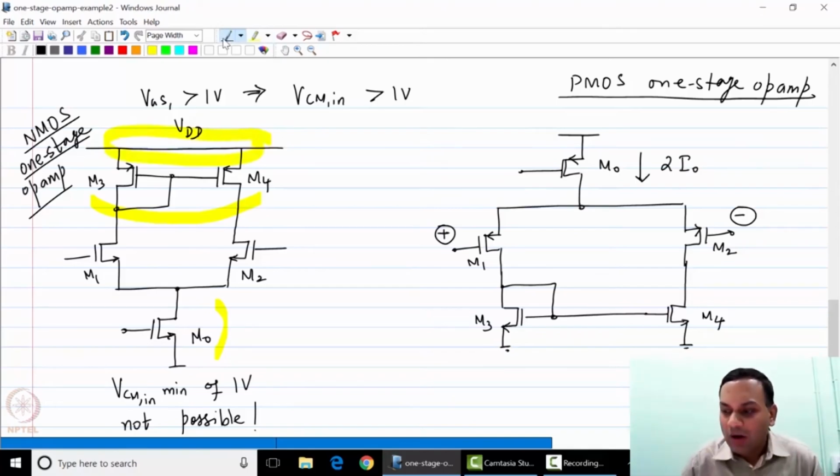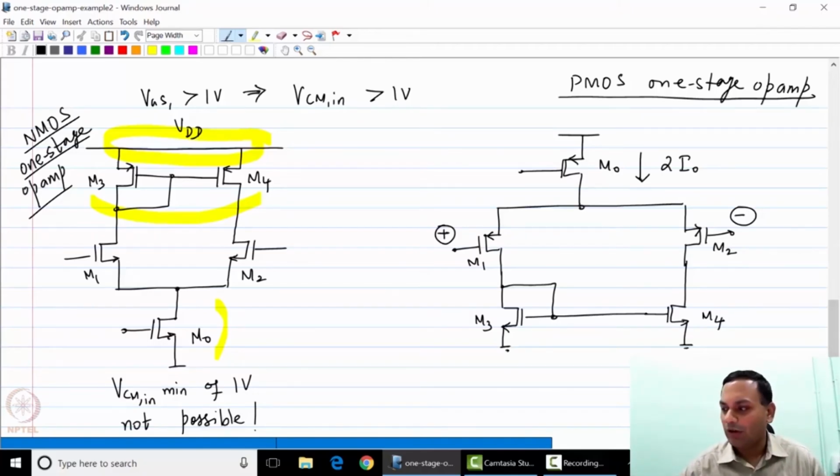Now it turns out that all the equations we have written are valid for this particular op-amp also, since we have not gone from the small signal parameters GM and GDS to the bias points ID and mu Cox, etc. So now let us look at the minimum input common mode range of this particular op-amp.